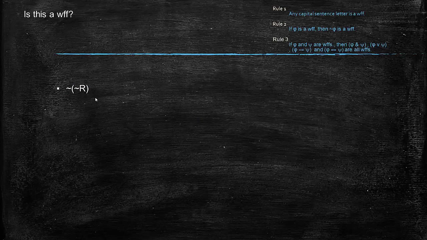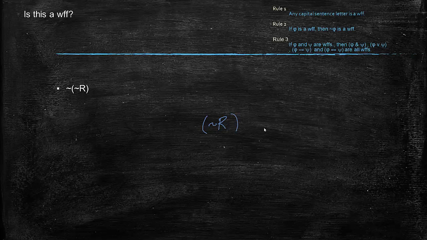Is this a woof? This kind of looks like one. Let's see. R is a woof by rule 1. Not R is a woof by rule 2. There is no rule that allows me to do this, right?